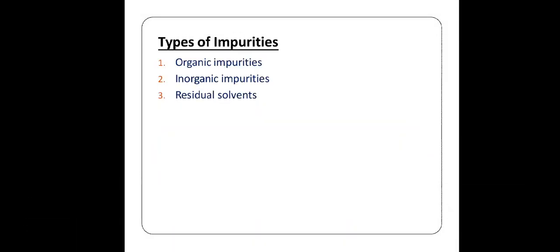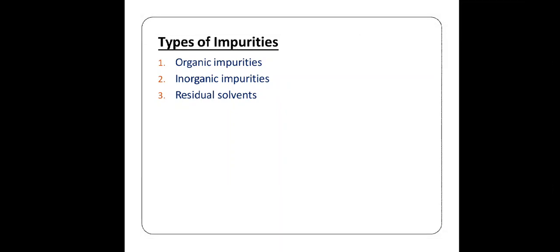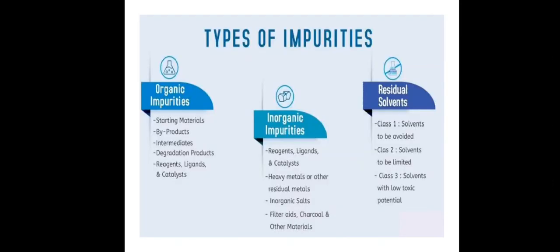So there are three types of impurities: organic impurities, inorganic impurities, and residual impurities. Organic impurities arise during the manufacturing process or during the storage of that drug substance. It includes the following sub-impurities, just like starting material or intermediate impurities.